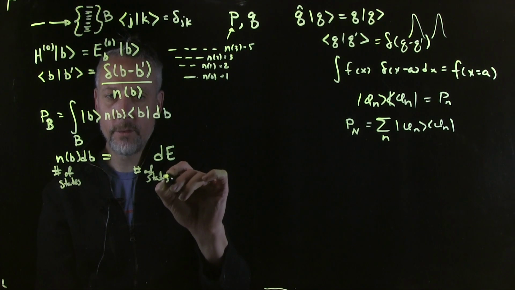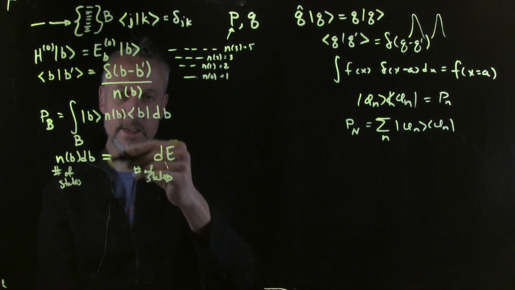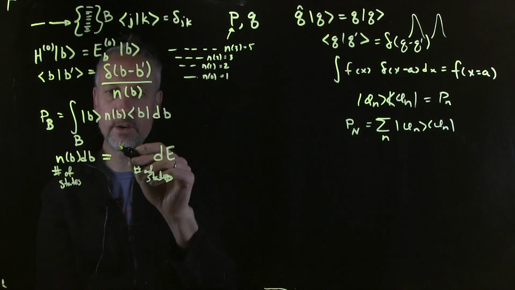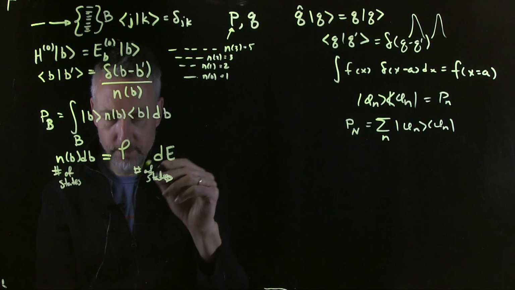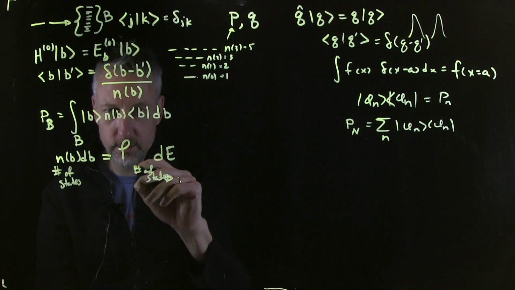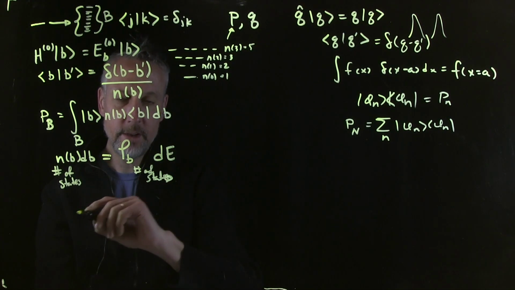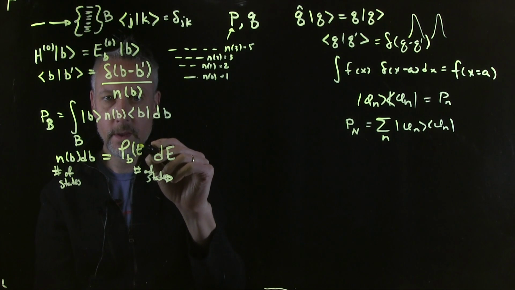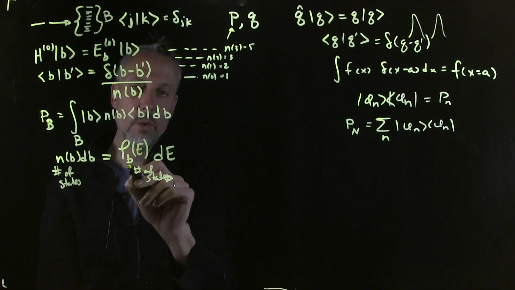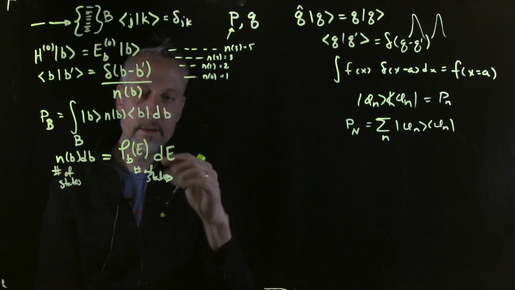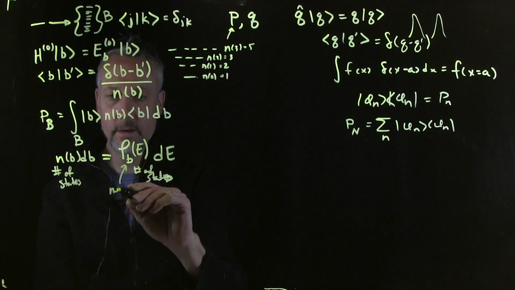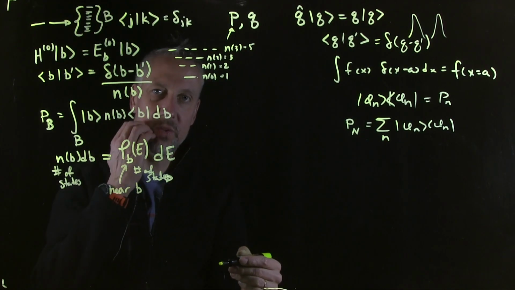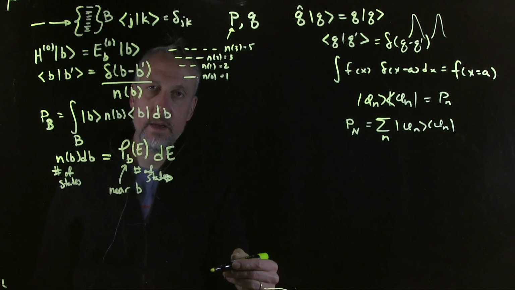But if we're writing it as something times energy, this has to be inverse energy. So it has to be number of states per energy. So we'll call that rho. And then I want to remind ourselves that it's the rho near B. Okay, so near B.